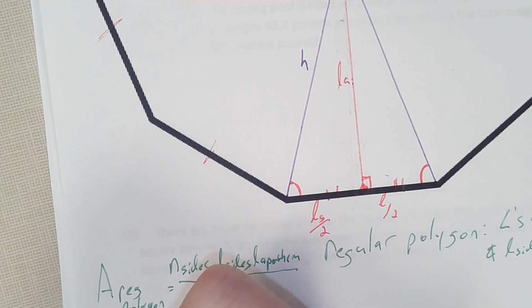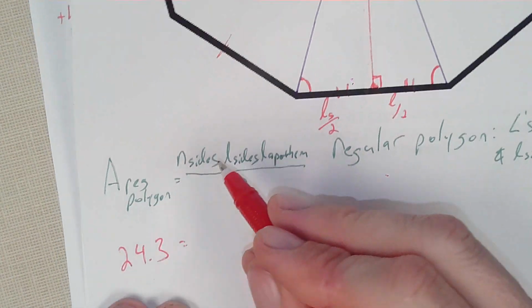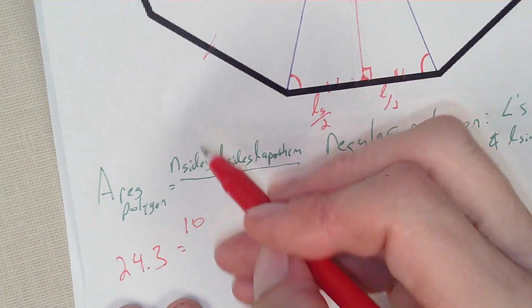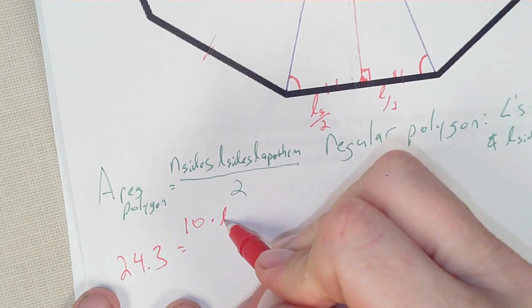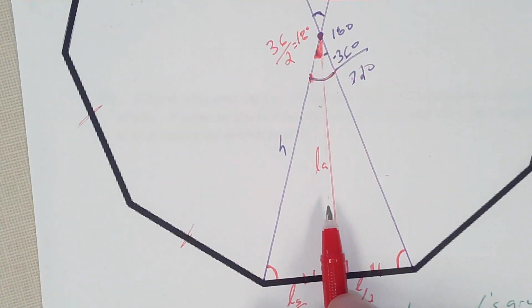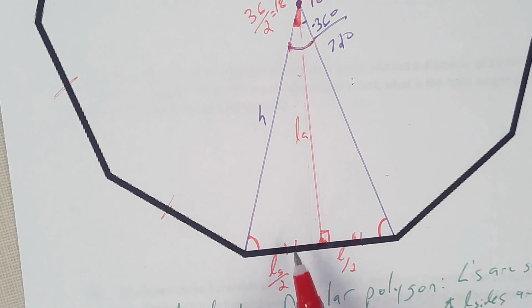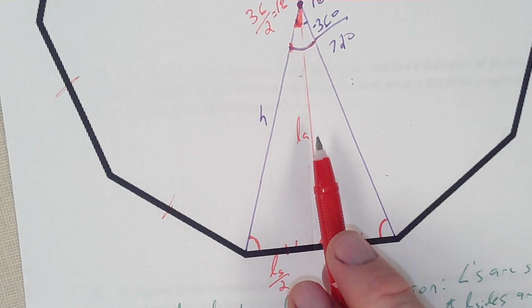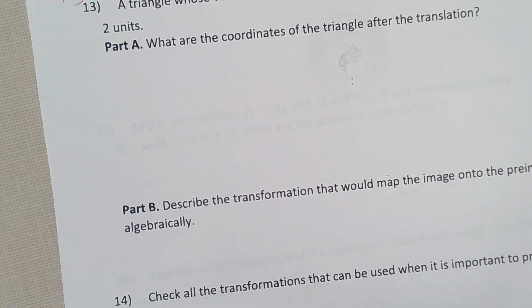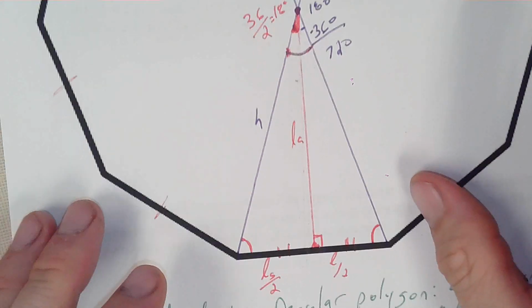The number of sides is 10. We're trying to figure out the length of the sides. Let's put the length of the apothem in terms of the length of the sides. In order to do that, let's use tangent.